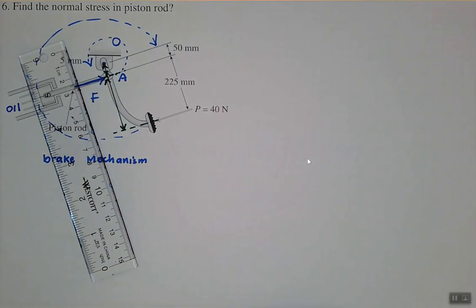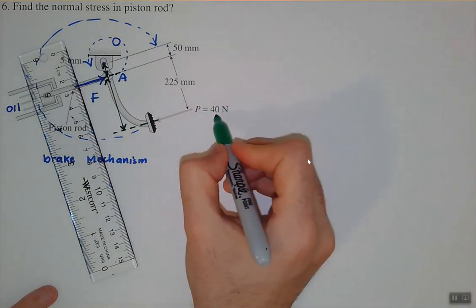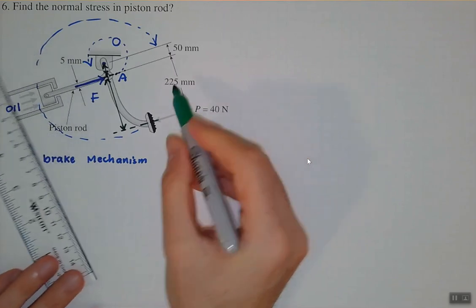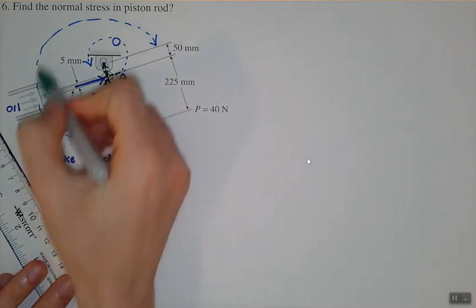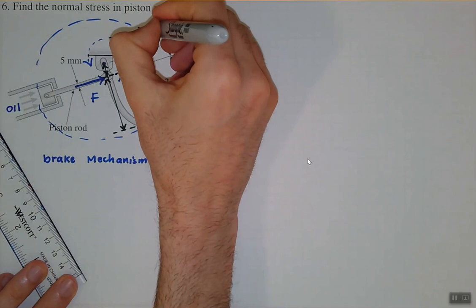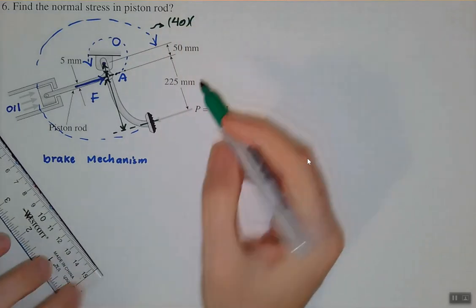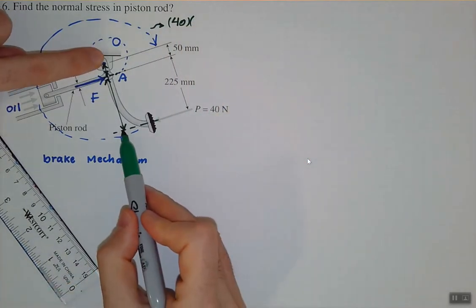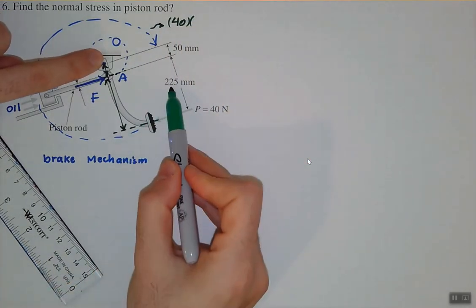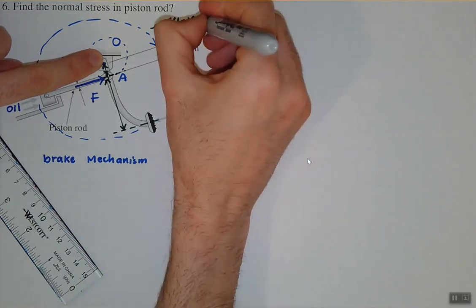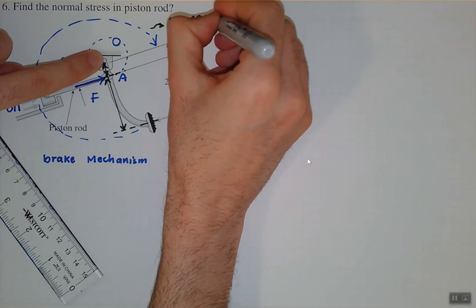So the moment this 40 Newton causes around point O, we know it has to be 40 multiplied by the arm, the total length of the arm, which is 225 plus 50, or 275.